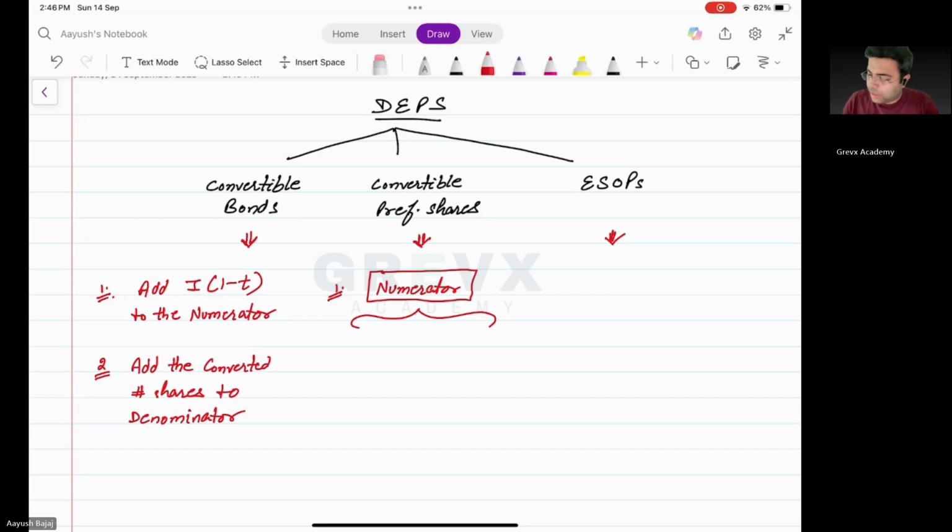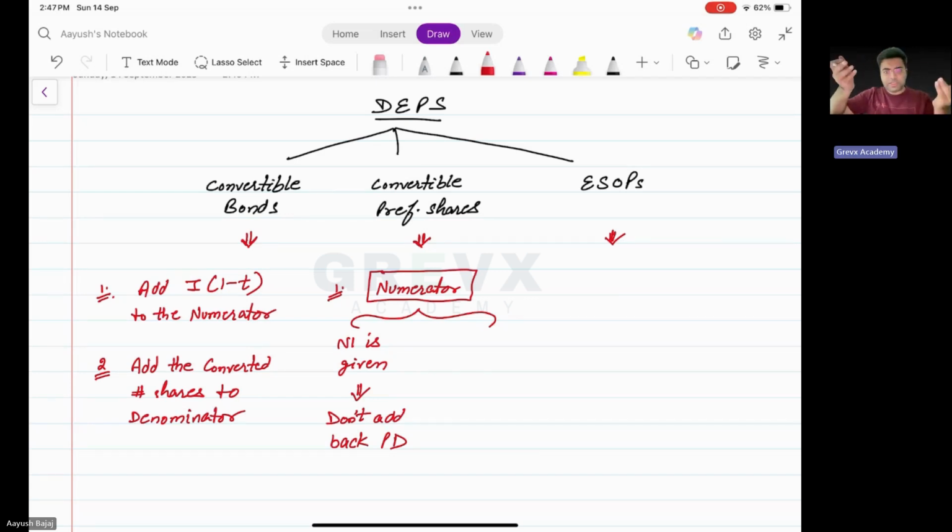If net income is given, what will you do? You don't add back the preference dividend. Remember, we are adding it back to reach the net income. If net income is given to you, then you will not add it back.